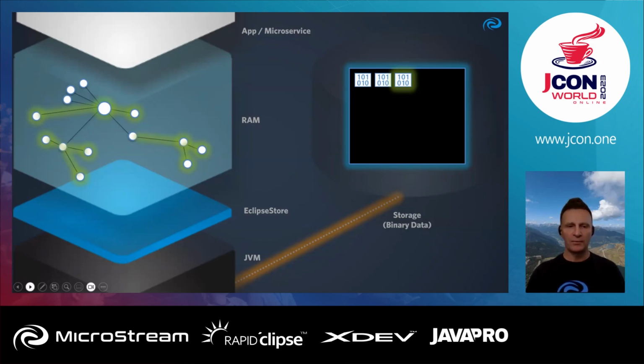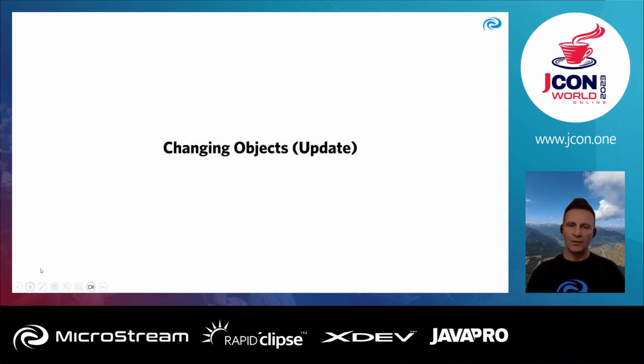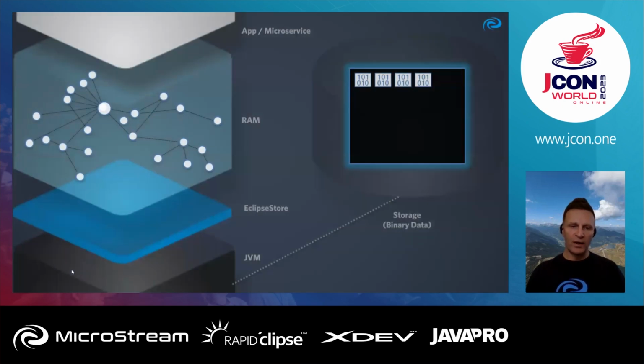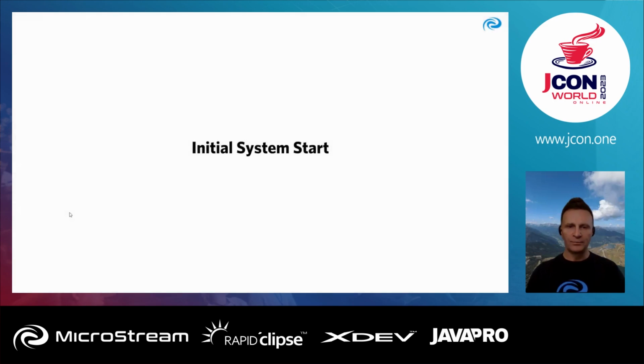You don't have to care for this. It's functionally similar to what data streaming does, or event sourcing, but in comparison to event sourcing, we do not store the event, we store the state. I mentioned already, updating objects is the same: we update an object, store it, and it creates a new binary.